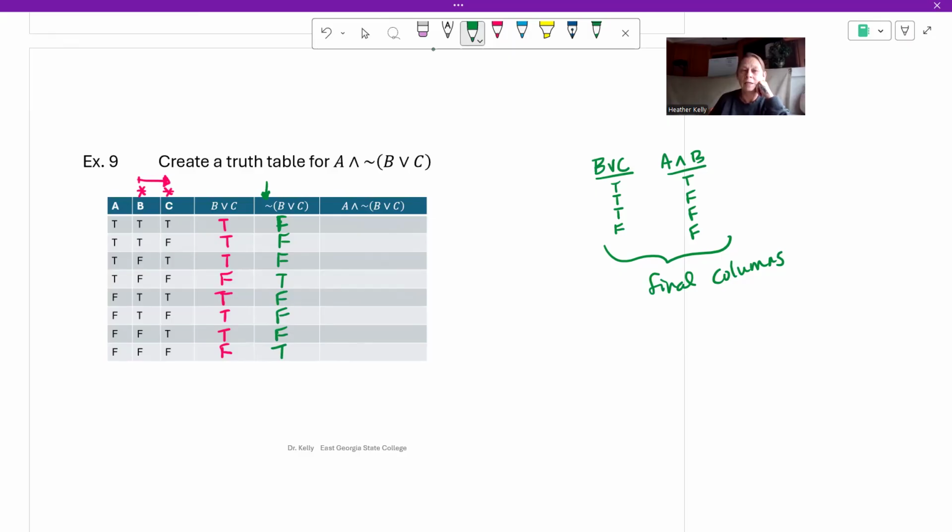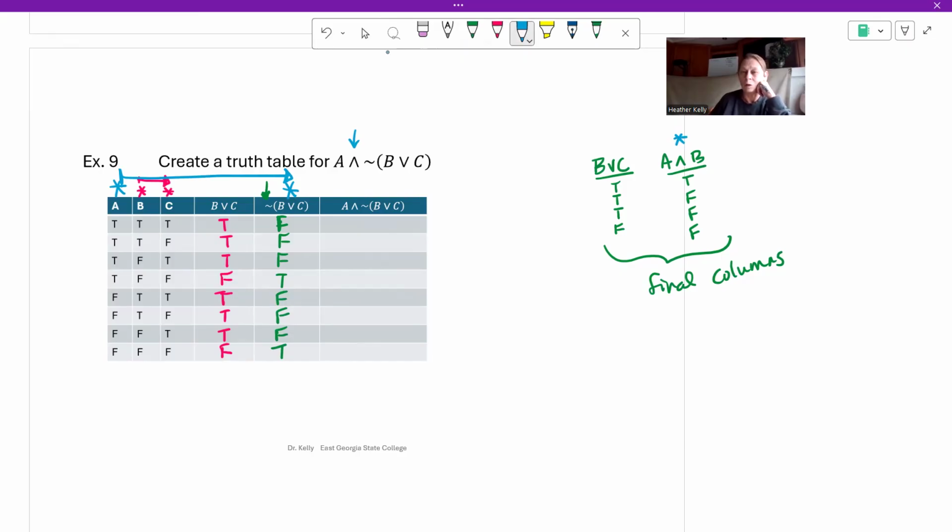And then finally, we're going to put A together with the not. These are the ones that we're doing here. Okay. And we're putting them together with an and. So this one right here.